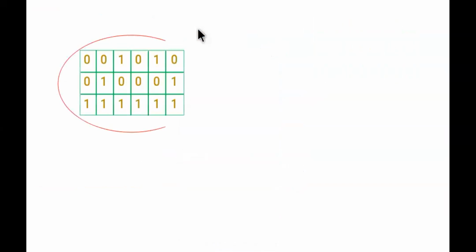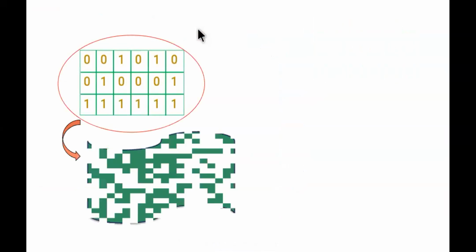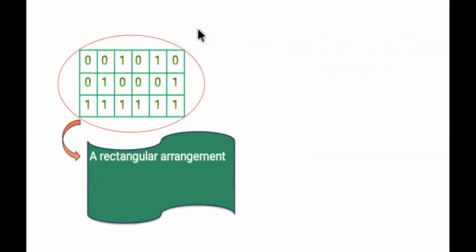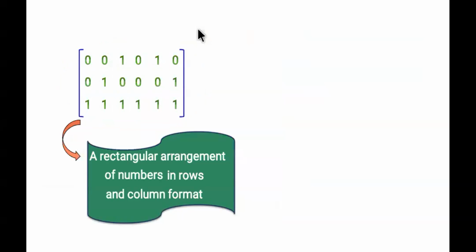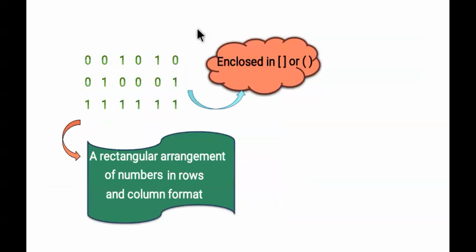Now this particular arrangement, a rectangular arrangement of numbers in rows and columns, is known as a matrix. This is either enclosed in a square bracket or curly bracket.